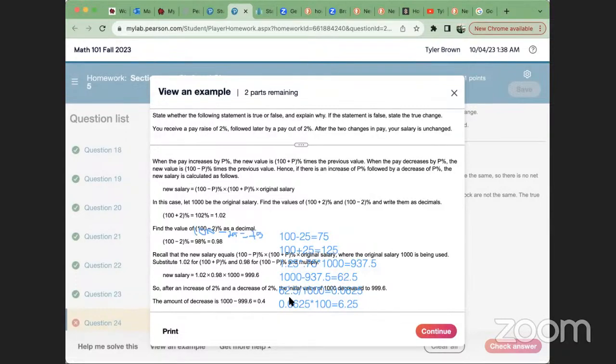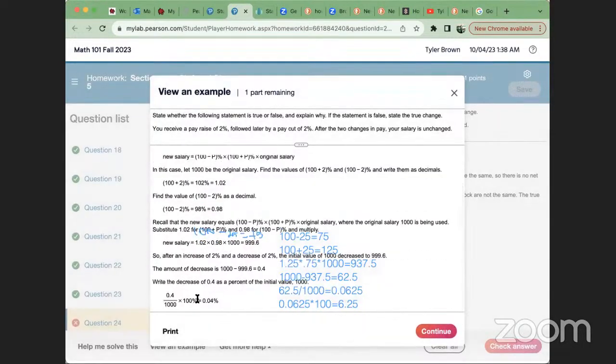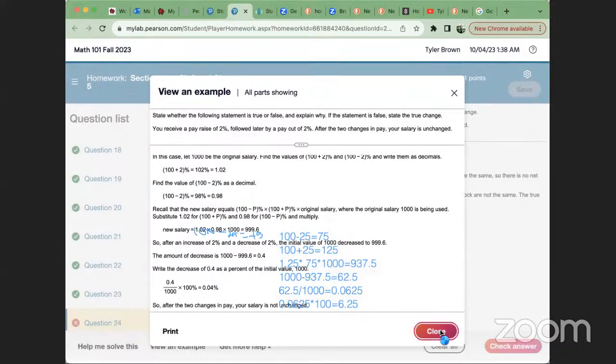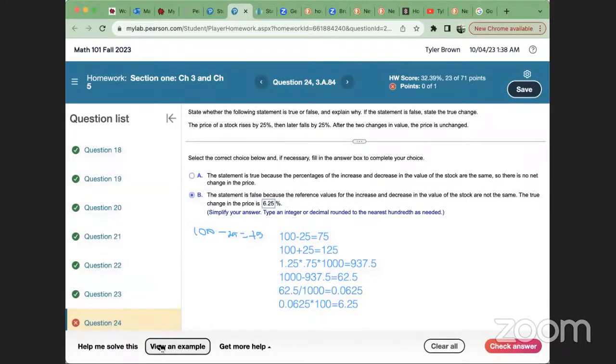I got that again. 62.5 divided by 1,000, 0.0625 times 100, 6.25. I moved it 2 decimal places. So it is 6.25, just like it had in the example, just like it had in Help Me Solve This, both of them. It's not the same, so it's not A. So it should be 6.25.